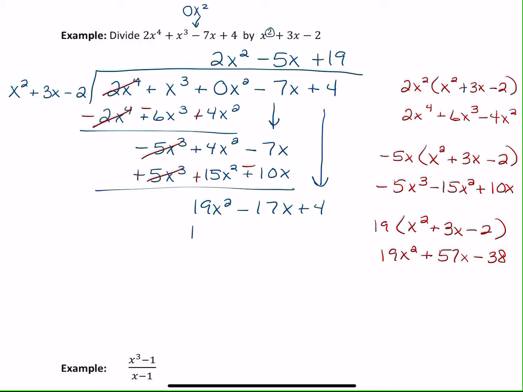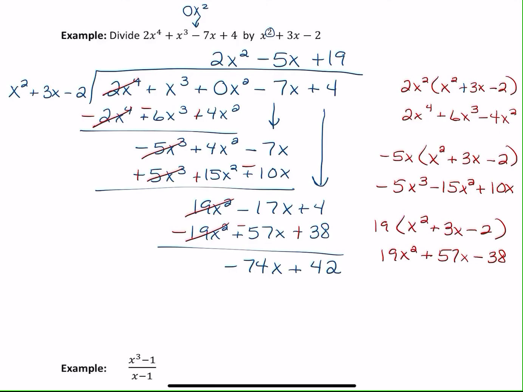So I've got 19x squared plus 57x minus 38, and subtract, which will change your signs. Your 19x squared will cancel out, and then that will leave you with negative 74x plus 42.